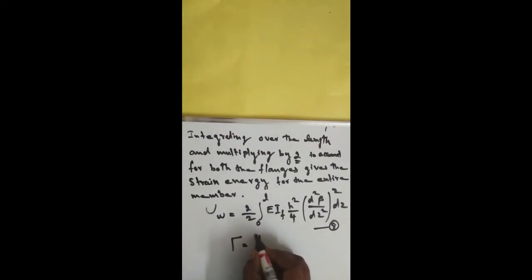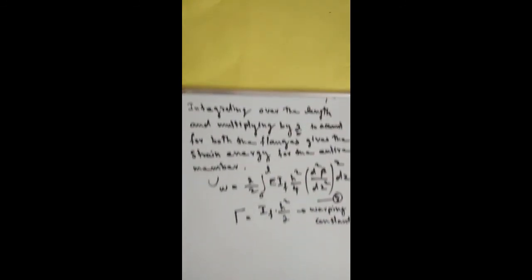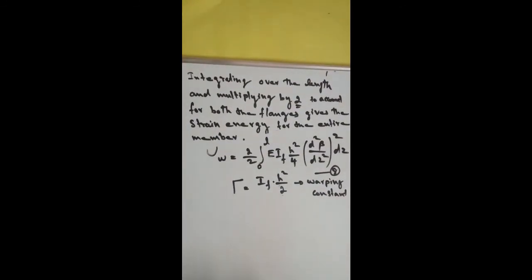Now we know gamma is equal to I_F into height squared by 2. It's not 4, height squared by 2. We studied that in the previous class. Gamma is the warping constant, a cross-sectional property, with I_F the moment of inertia of the flanges and h the depth. I am substituting that warping constant in the previous equation 8.